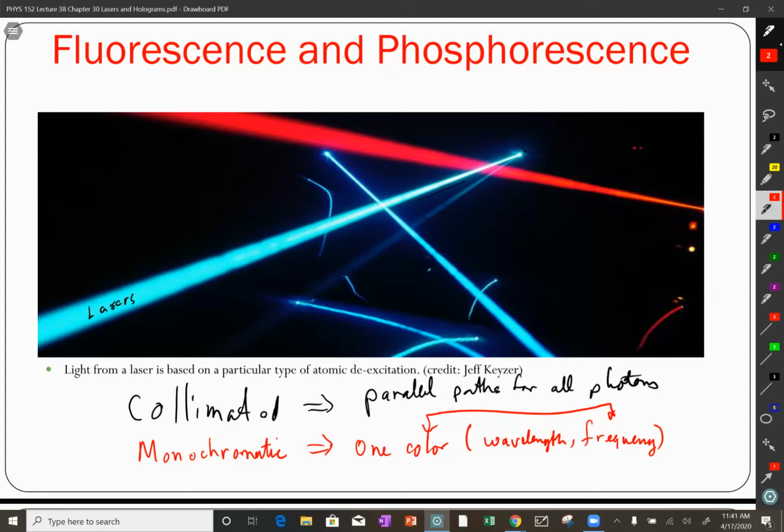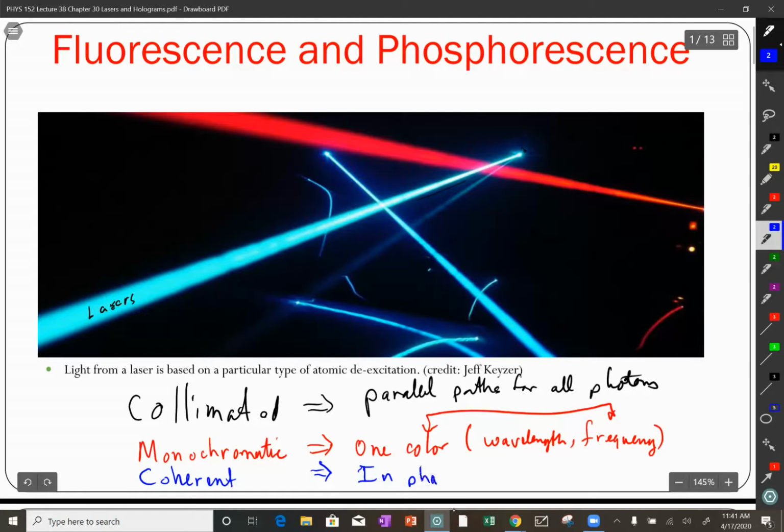And then finally, one more thing, and this last one is probably the most important. It's coherent. Coherent. When you think of coherent, you think, well, that's something I can understand. But what it means is it's sticking together. That means that all of the light is in phase.